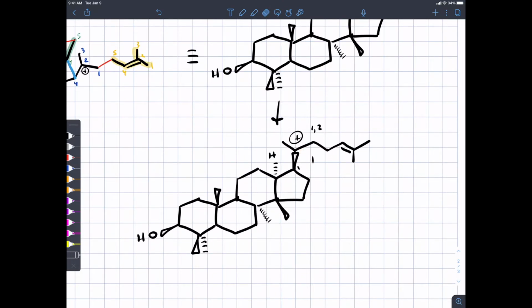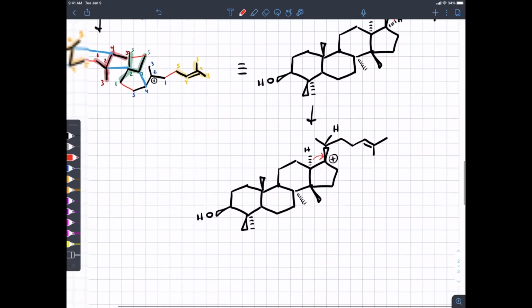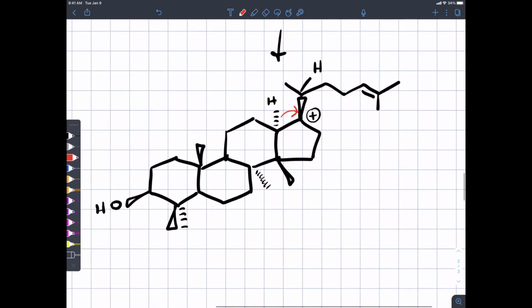So that 1,2 hydride shift is going to put a hydrogen here and going to put a positive charge there. And then this hydrogen is going to lean over and do a 1,2 hydride shift. And that would create a positive charge here. And then this methyl group is going to lean over and do a 1,2 methyl shift, which would put a positive charge here.